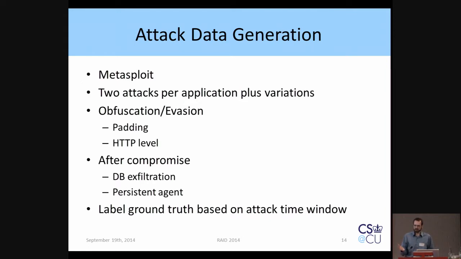For our attack data generation here, we use the Metasploit framework. So we have some exploits for each web server, and then we have some evasion, such as padding attacks to evade anomaly detectors, HTTP level, for example, base64 encoding. The whole key here is that this is easily expandable.